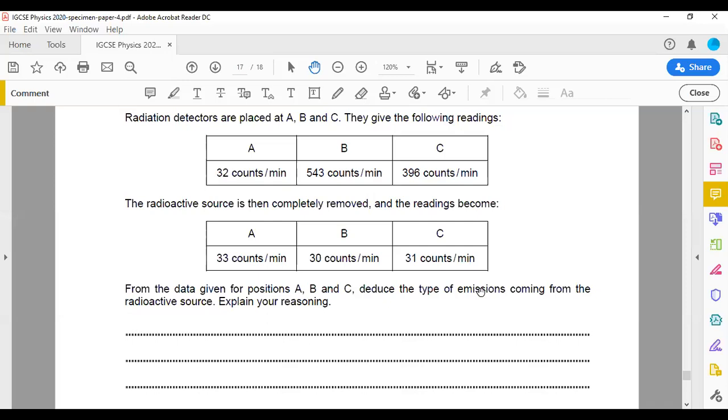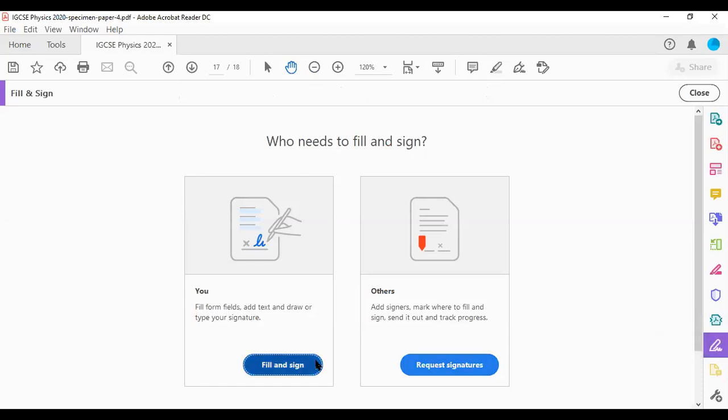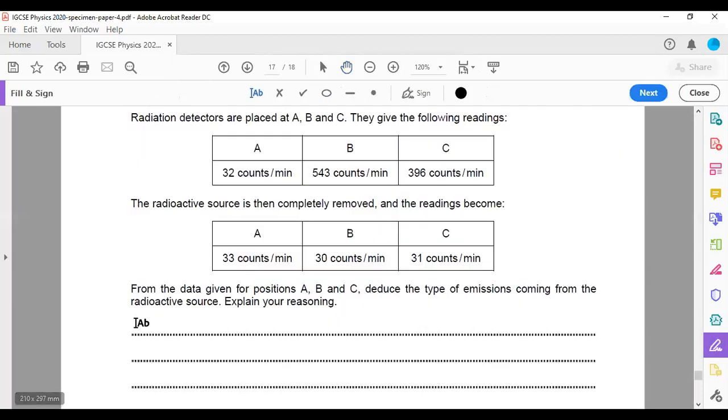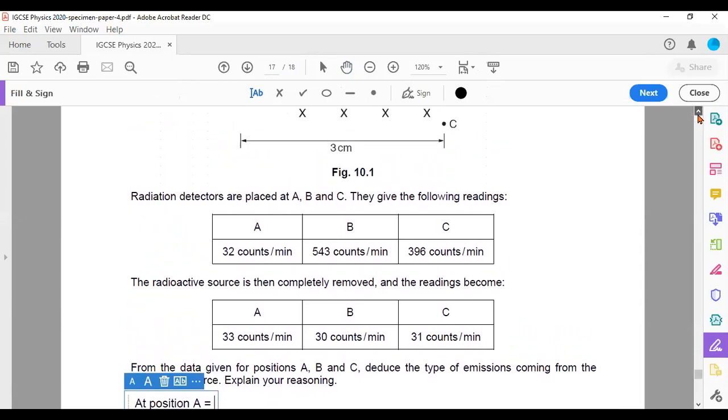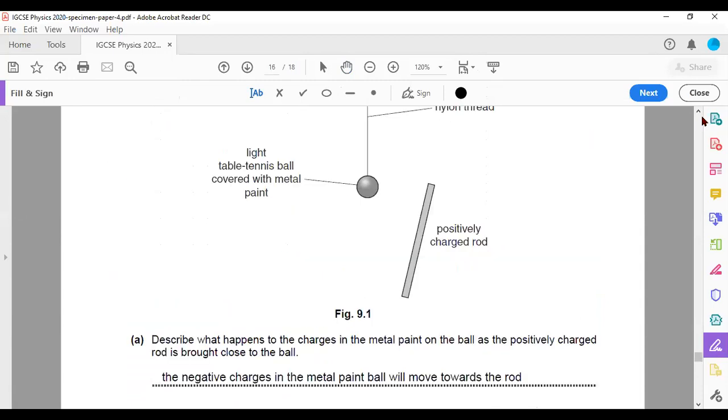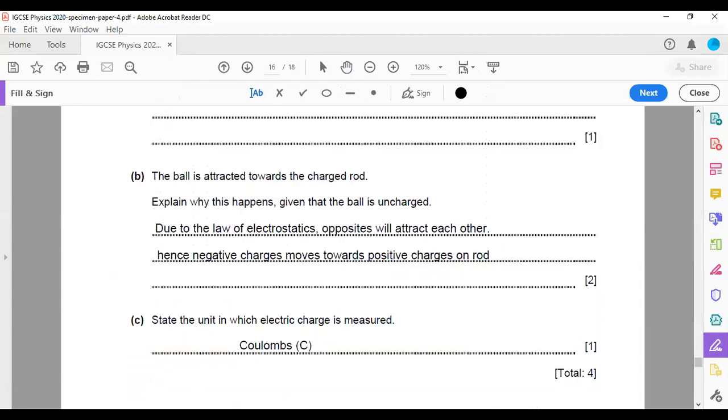So at position A, which do you think it is? At position A, what particles do we have? We go back to position A. Position A looks like this here, from our diagram that we would have drawn as well.